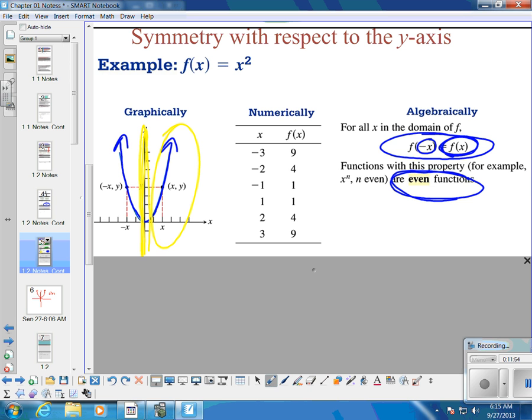So the big key here, algebraically, to check if there is symmetry with respect to the y-axis, or to show that it is an even function: if you plug in a negative x for every x value in the function and then simplify, and you get the original function back, the one that you started with, then it is an even function.